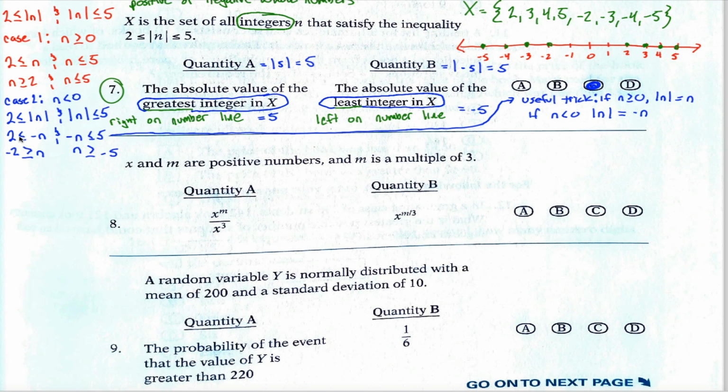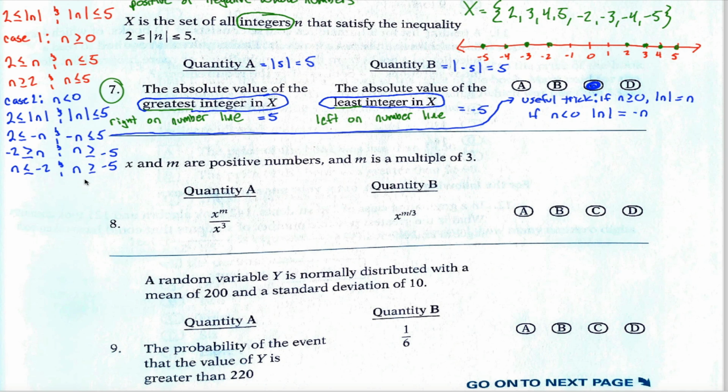The statement 2 is less than or equal to -n and -n is less than or equal to 5 is equivalent to the statements -2 is greater than or equal to n and n is greater than or equal to -5. Much like up in this line, it's a little bit hard to interpret this statement in English. It kind of helps to write the variable first. So maybe I'd rewrite this as n is less than or equal to -2 and n is greater than or equal to -5.